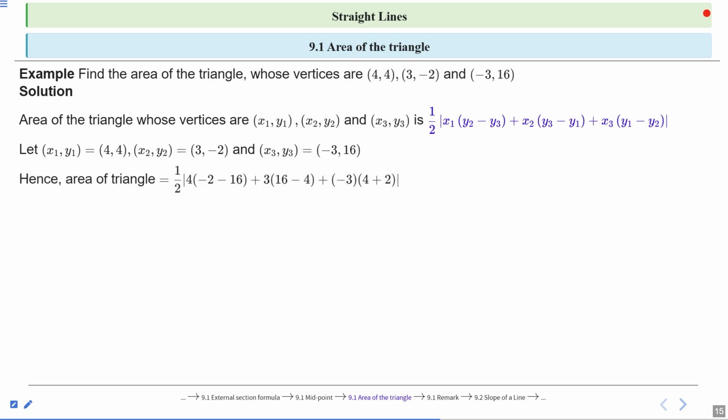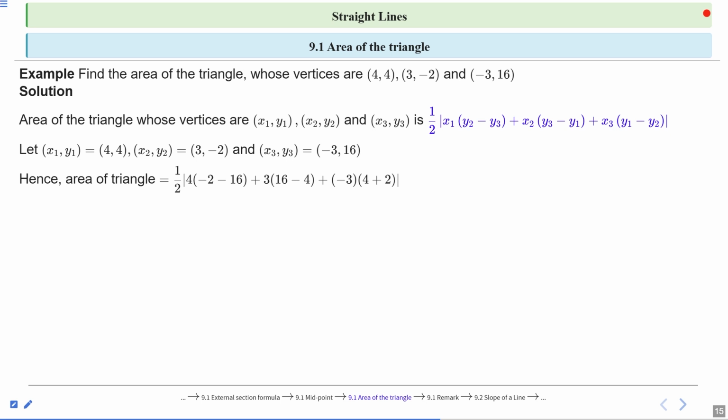Hence the area of the triangle is what? If we substitute the values of x1 y1, x2 y2 and x3 y3, then we will get the area of the triangle. Hence the area is 1/2 times the modulus of 4 times (minus 2 minus 16) plus 3 times (16 minus 4) plus minus 3 times (4 plus 2).